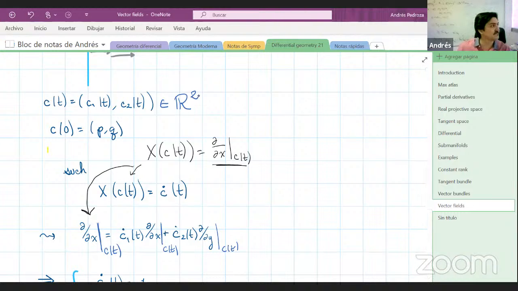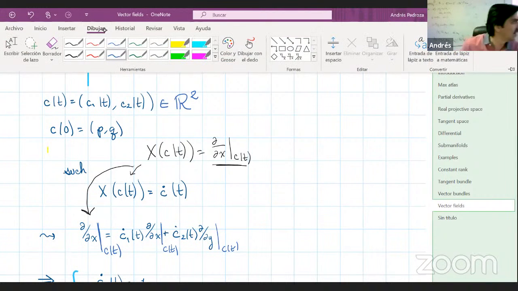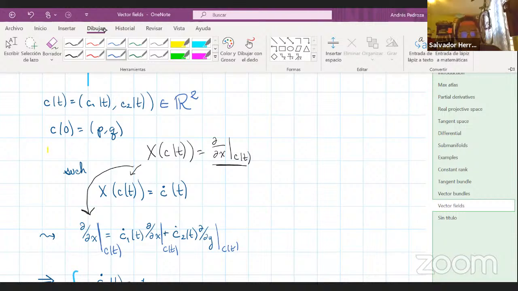Okay? So, it's the chain rule, right? No. Oh, then I got more confused.